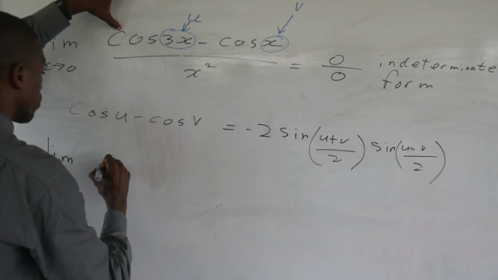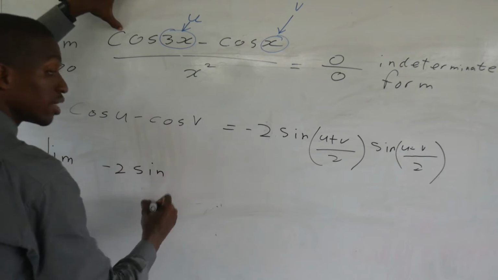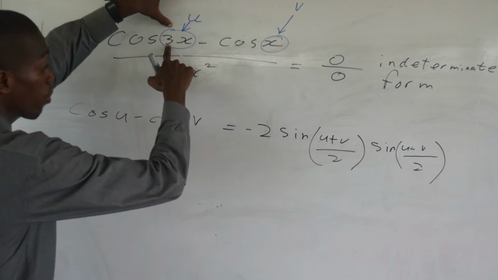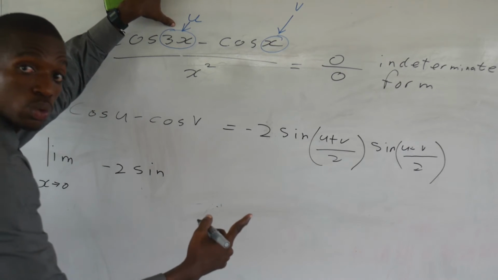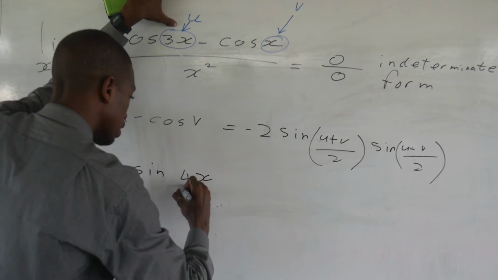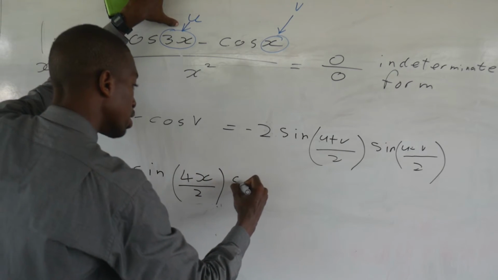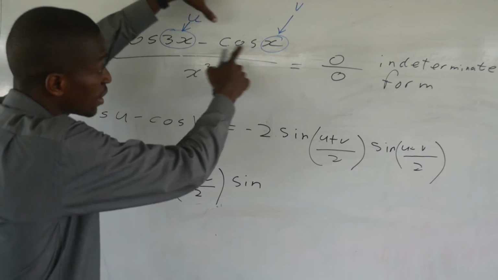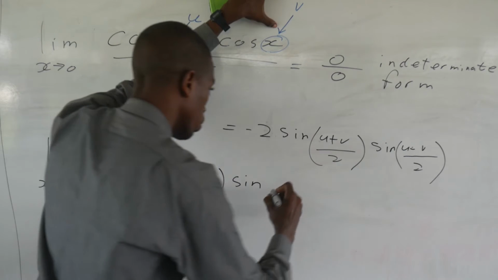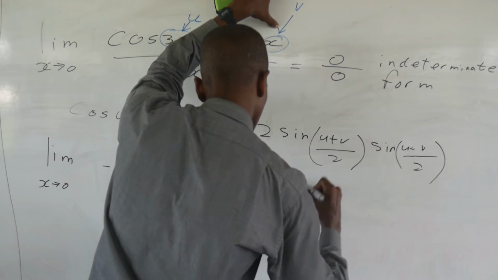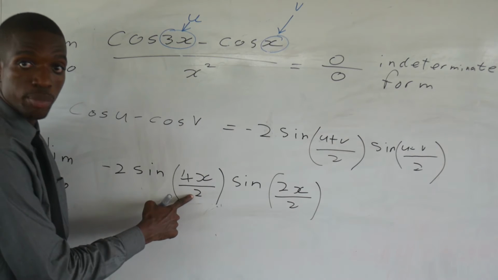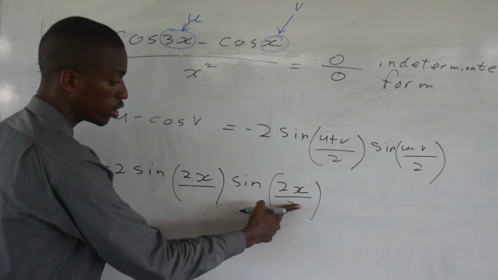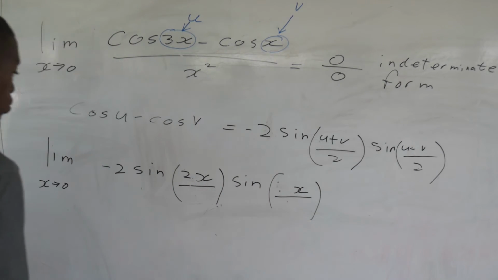this becomes that. So we have negative 2 sine of u plus v divided by 2, 3x plus x divided by 2, 4x divided by 2, times sine of u minus v divided by 2, 3x minus x, 2x divided by 2. 4 divided by 2 is 2, and 2 divided by 2 is 1.